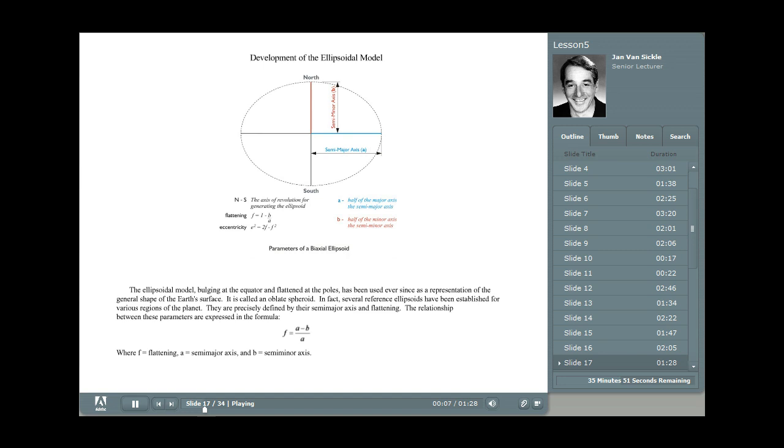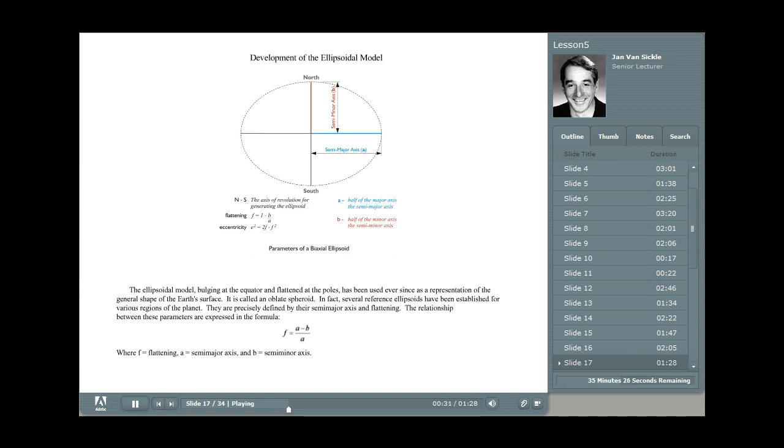And here we have the modern setup of determining an ellipsoidal model of the Earth. The semi-major axis, you see there in blue, half of the major axis of an ellipse, can be given a value, and then the semi-minor axis, half of the minor axis of the ellipse, can be given a value.